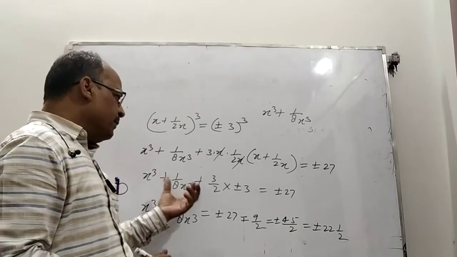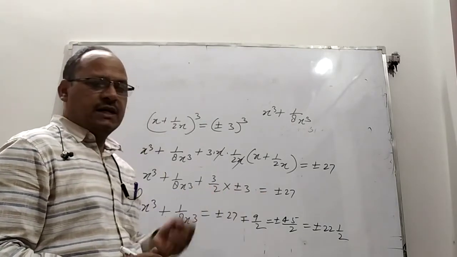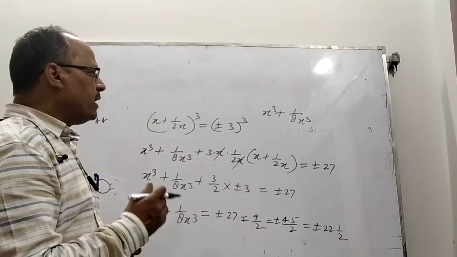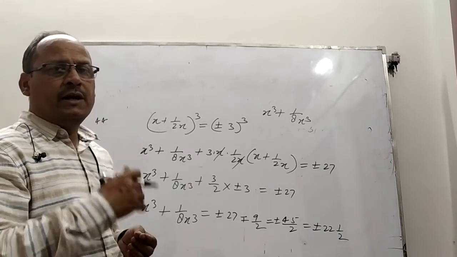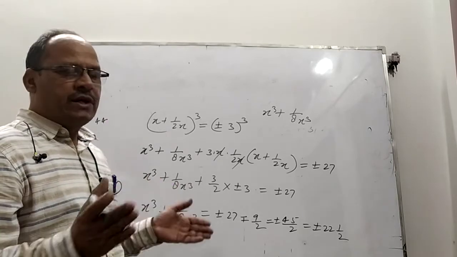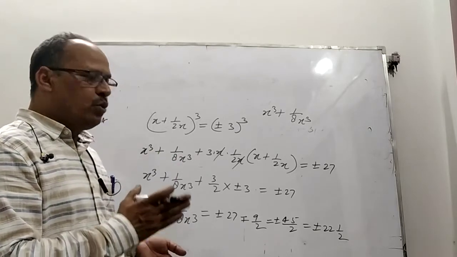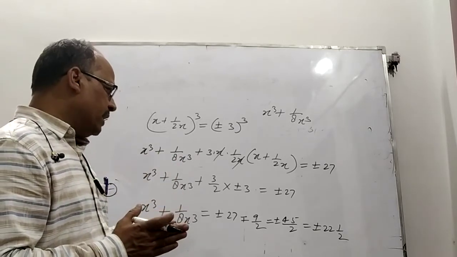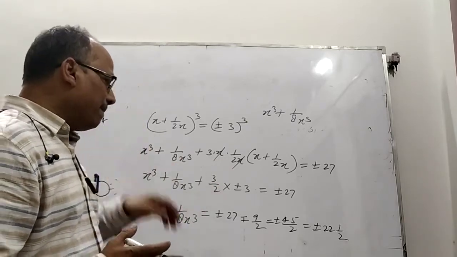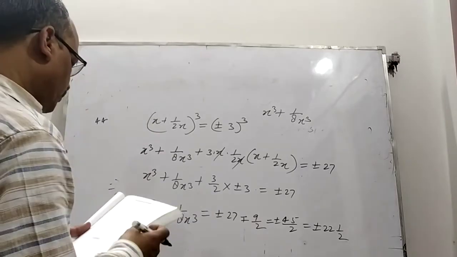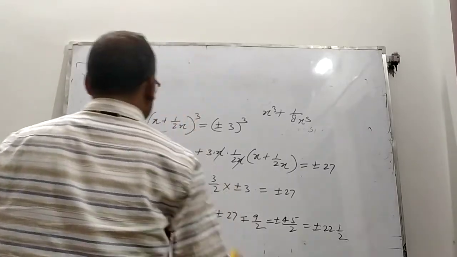Suppose you are getting a problem solving this with plus minus, then better you take one time this value as 3 and separately again take this value as minus 3 and solve, and you will get the value. One time you will get plus 22 and 1 by 2, and when you take the minus, you will get minus 22 and 1 by 2. This is clear? So you will see the next question.